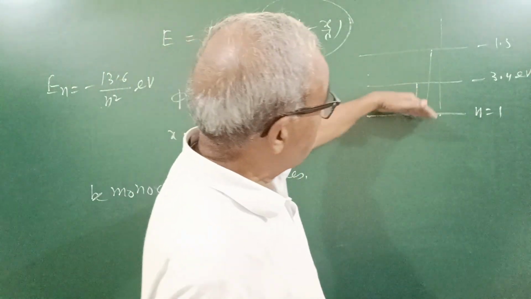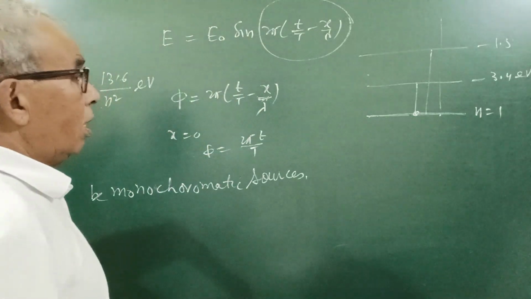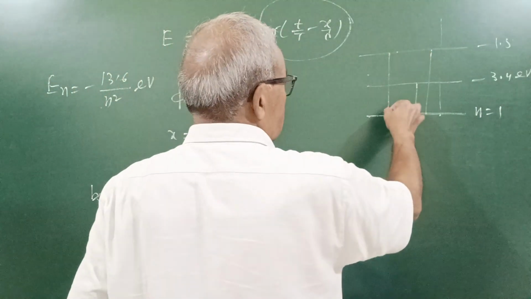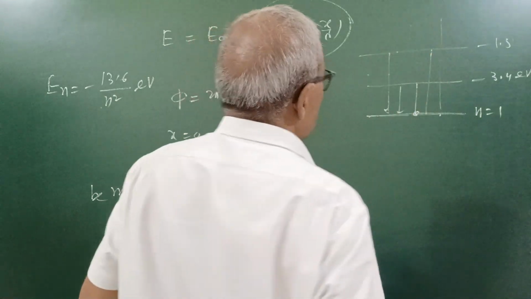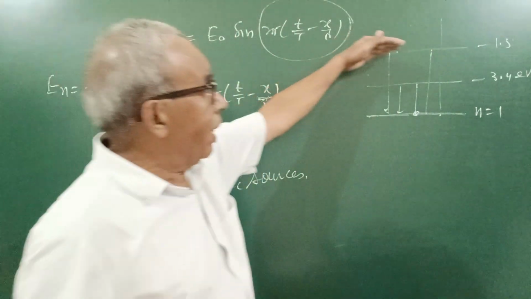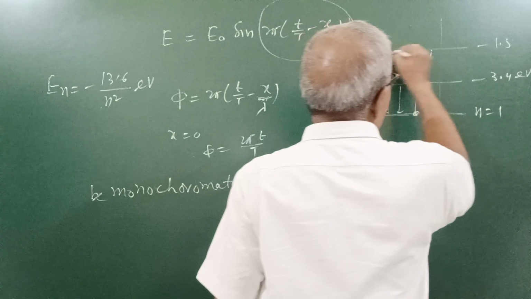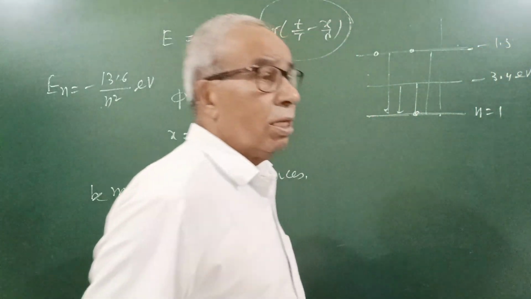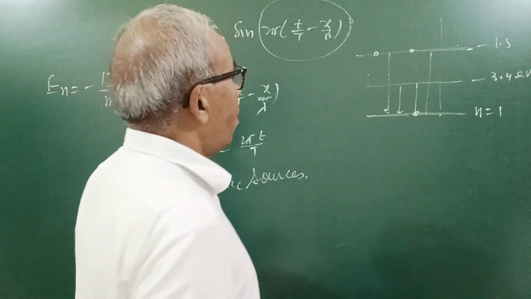The electron goes from a lower to a higher state, and from there it jumps back.